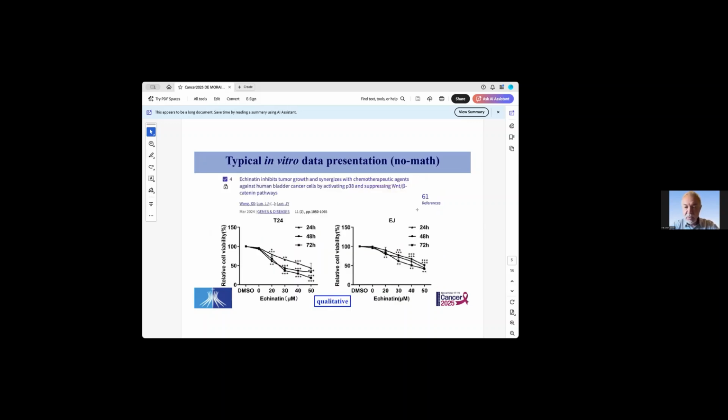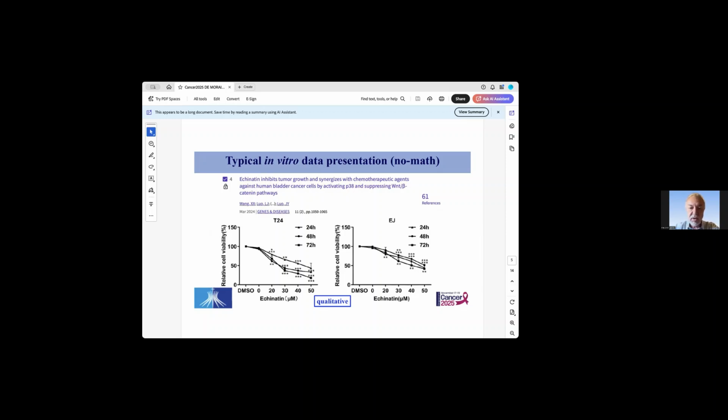And let me show you the typical in vitro data presentation you may find these days in a paper. I just took this paper here from last year. In this paper, they are analyzing one chemotherapeutic agent, which is echinacin. And to perform the in vitro assay, they use two different neoplastic cell lines, the T24 and the EJ.